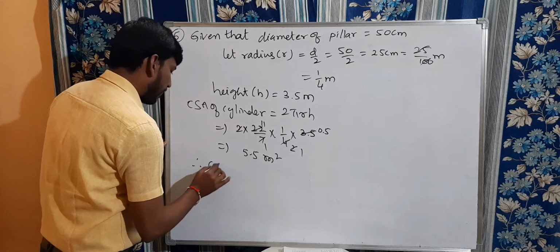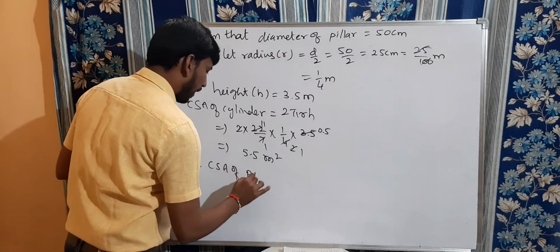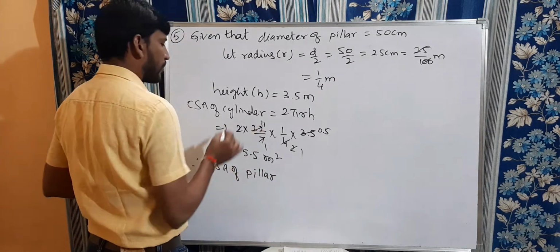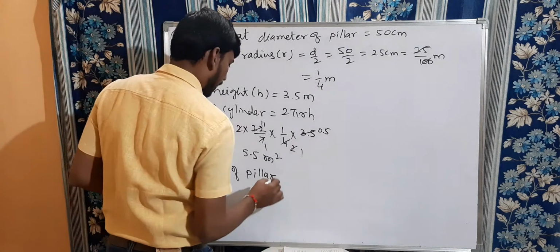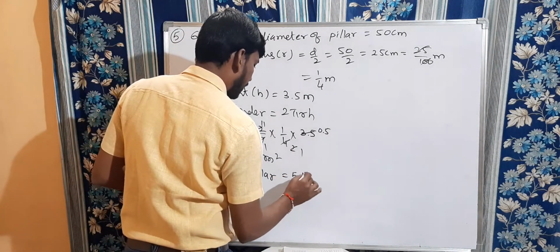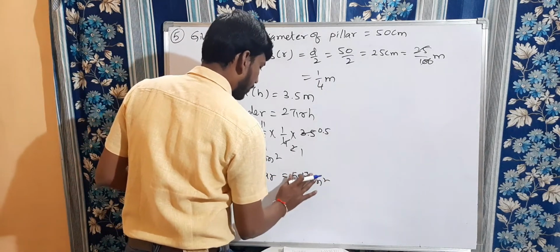So therefore here CSA of pillar, don't confuse here about cylinder, both are same, pillar is equal to 5.5 meter square.